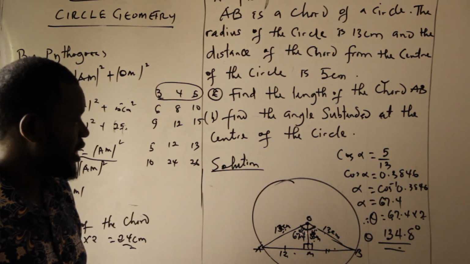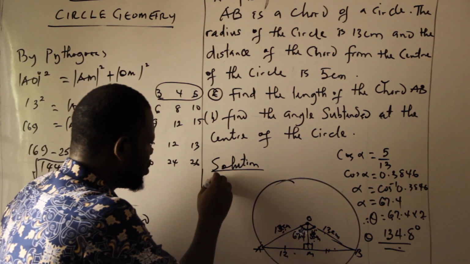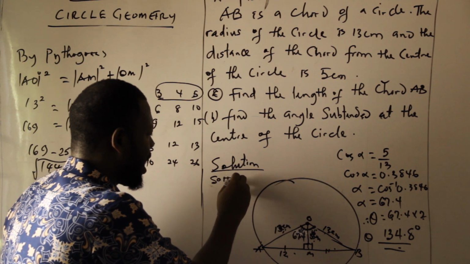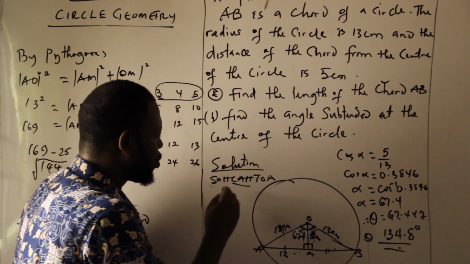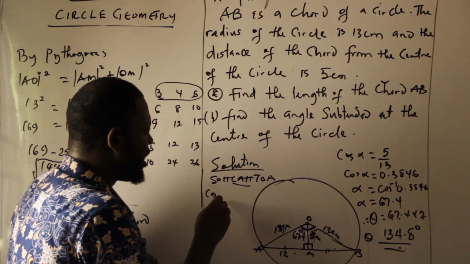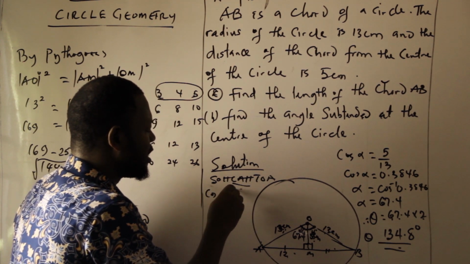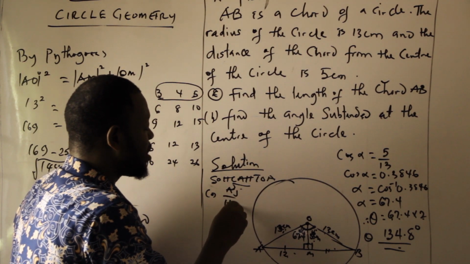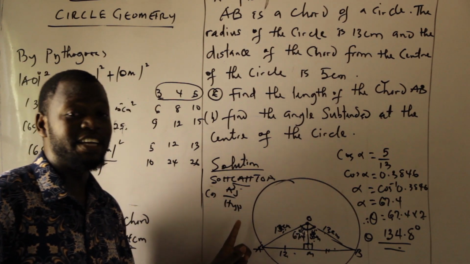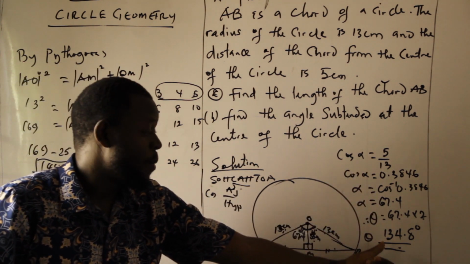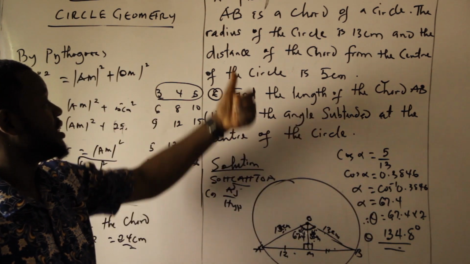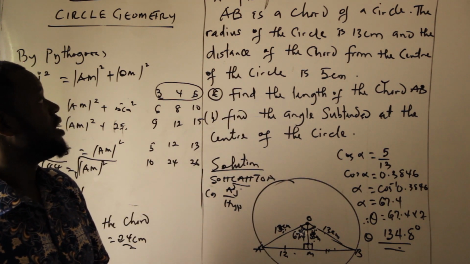But in case you are confused, there's something called SOHCAHTOA. So this CAH is telling us we are solving cos against adjacent over hypotenuse. One of my students will say ADJ over HYP. So this was what I used to get my value. That is the answer to these questions.